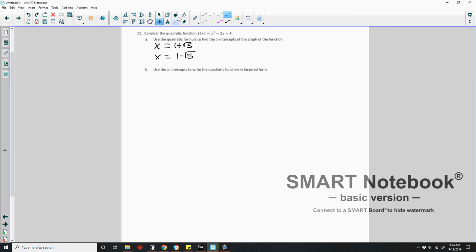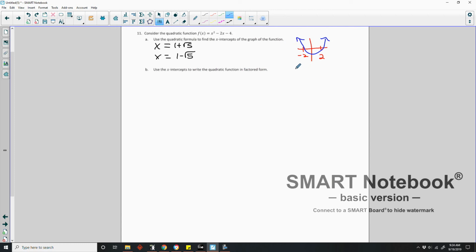Okay, now it says to use the x-intercepts to write the quadratic function in factored form. Now remember, let's just say you have a quadratic and here's negative 2 and here's 2. And it comes down like this and goes back up, like so.